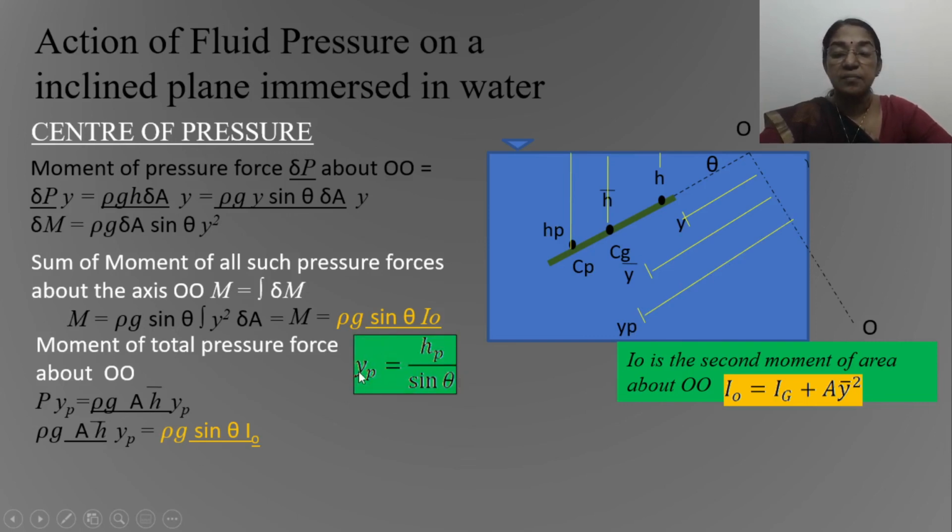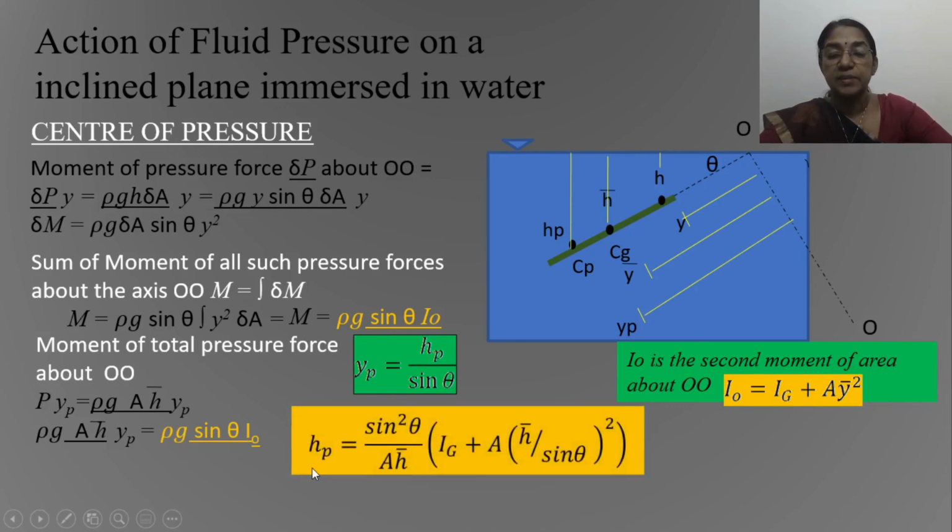If you substitute the value of Yp by means of hp by sin theta and replace I naught by means of Ig plus A y bar square, then you will get an expression for hp like this, and by simplifying this expression we can write hp equal to Ig sin square theta by A h bar, plus h bar.